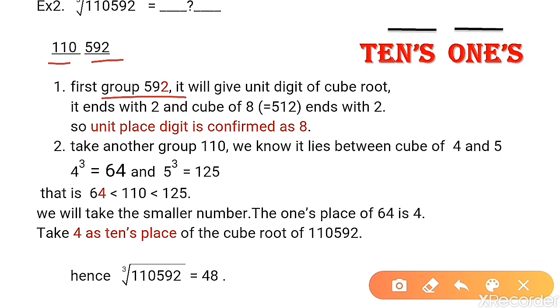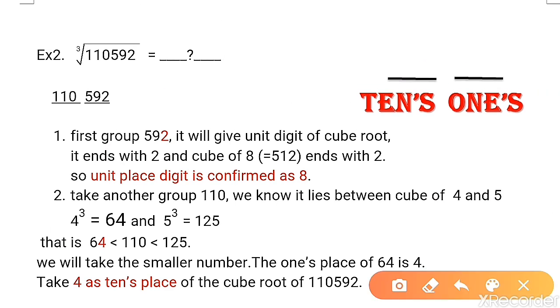The first group, 592, ends with the digit 2, and we know the cube of 8 ends with 2. See, 8 cube is 512, so it ends with 2. So we are confirmed that the digit at the ones place will be 8.